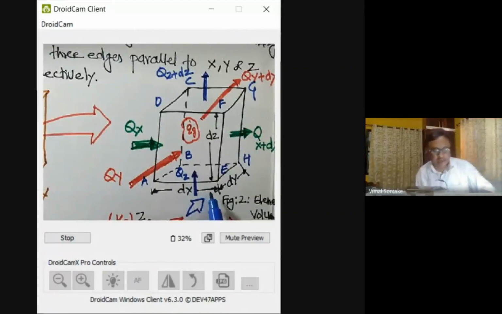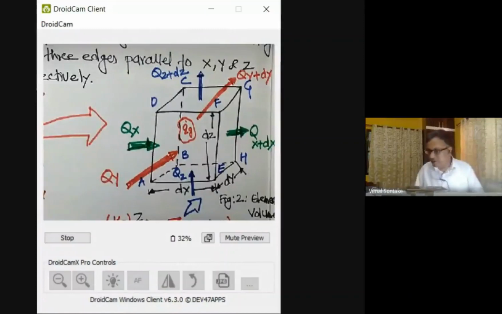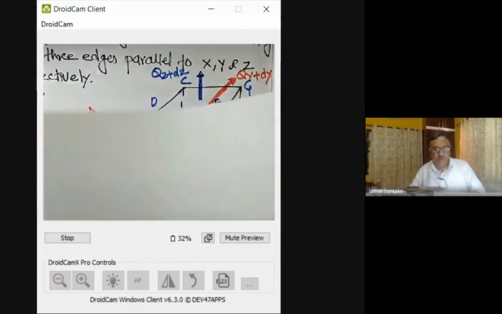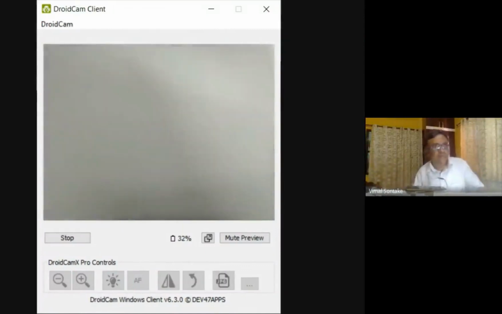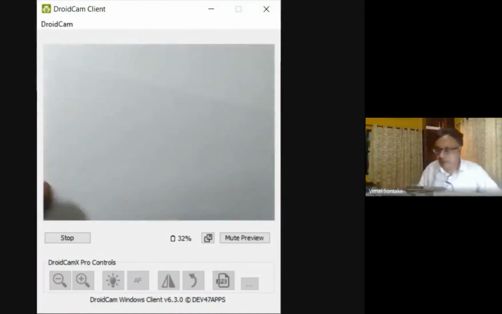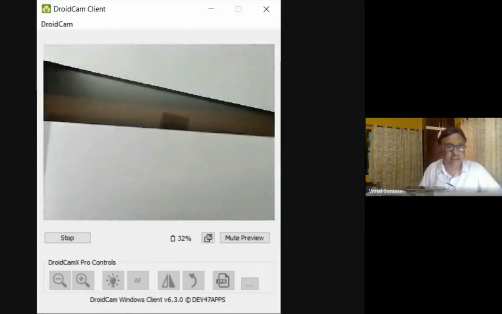So how to write the expression for Qx plus dx, leaving the elemental volume at a distance x plus dx?